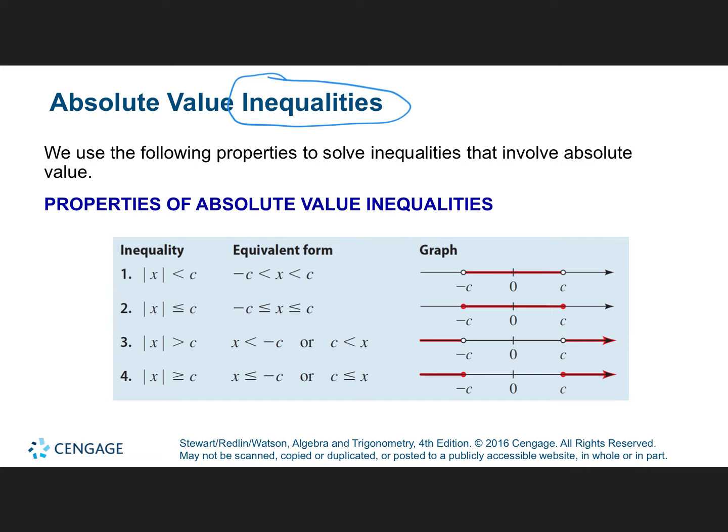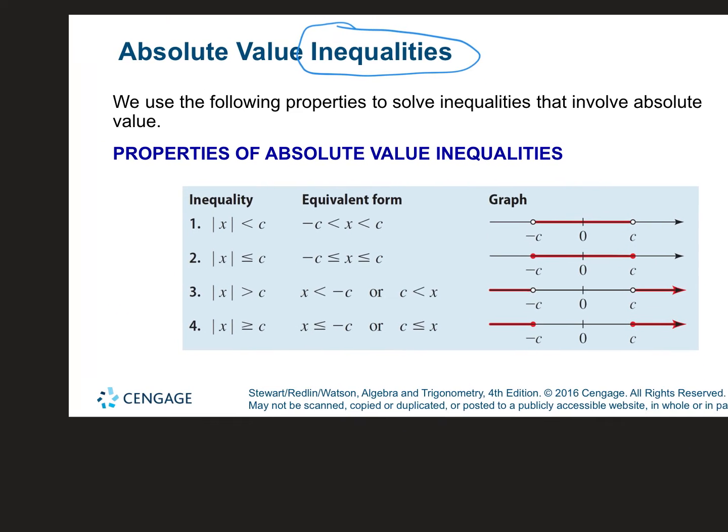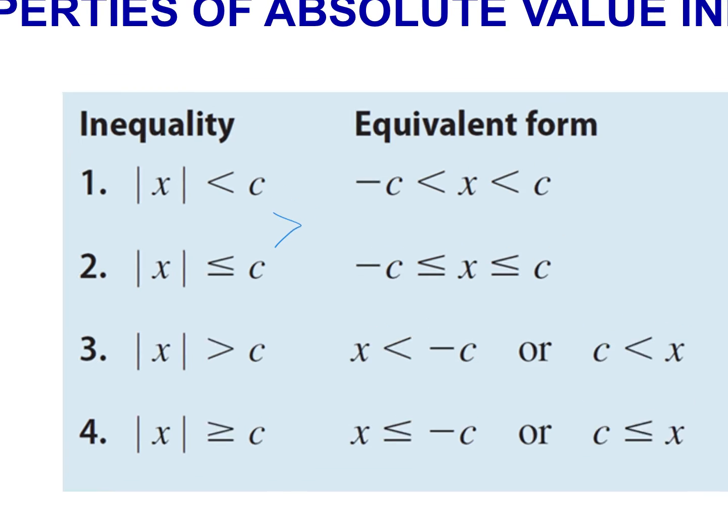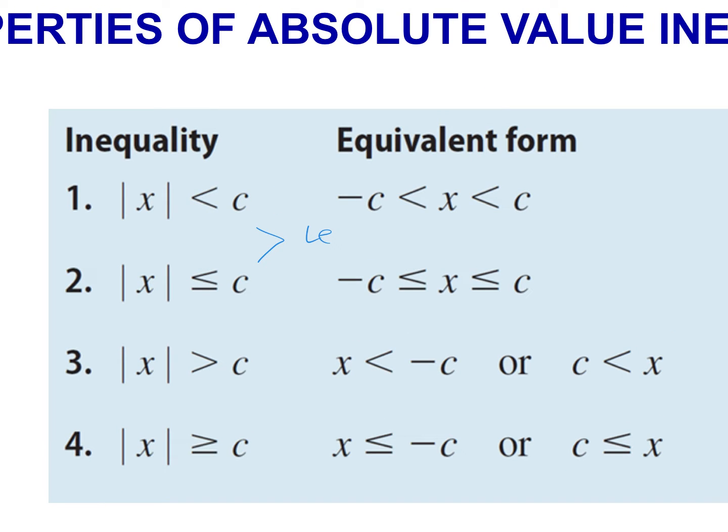So if you guys notice this first slide, if I read these first two inequalities, 1 and 2, that sign says what? Absolute value of x is less than, yes, less than. That says less than or equal to, correct? When I say less than, I always say and.